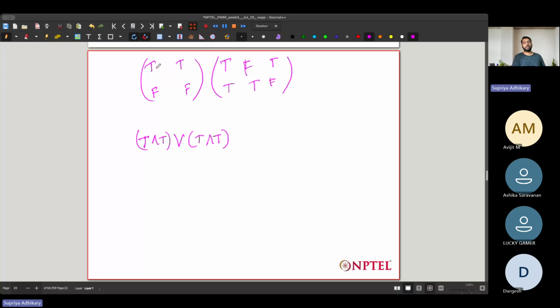So this should be the first cell of the resultant matrix. Over here it should be the disjunction of true and true. And finally over here this should be the disjunction of true and false.